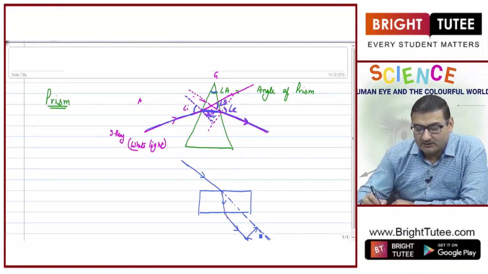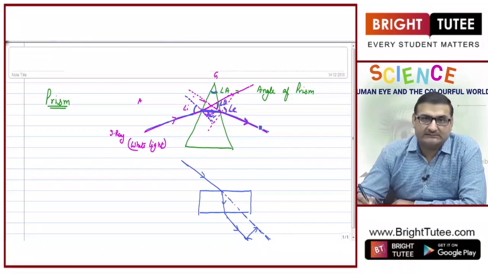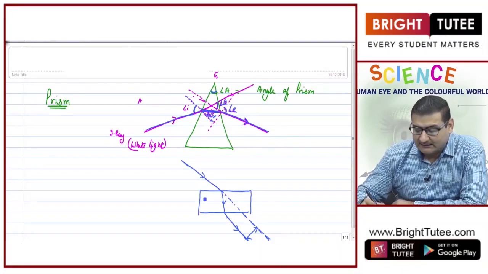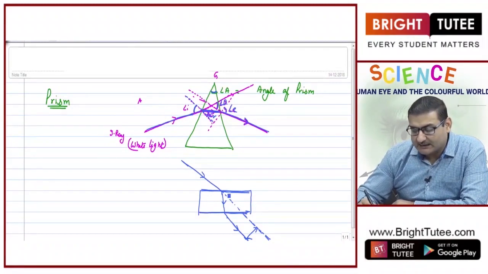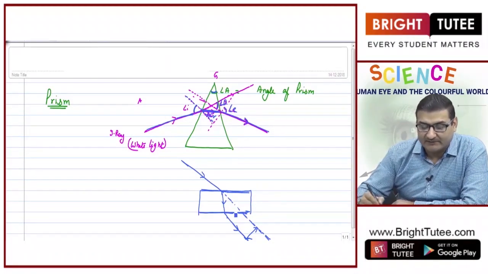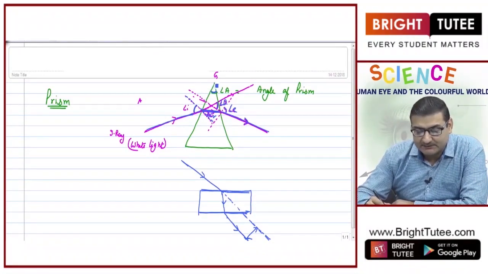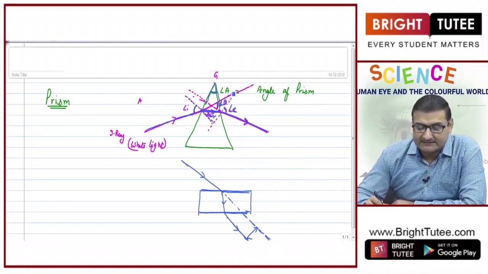But this is not the case with a glass prism. Now, why does it happen? The reason is that in a glass slab, the surfaces are parallel to each other, whereas in a glass prism, the surfaces are inclined to each other, making this angle of prism.